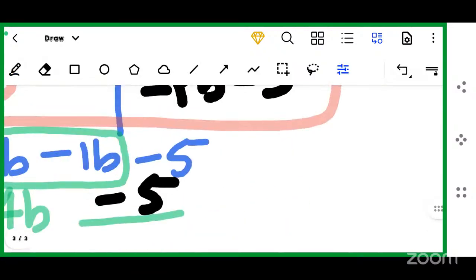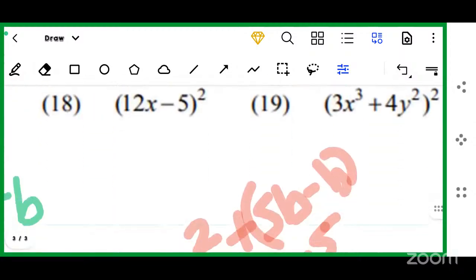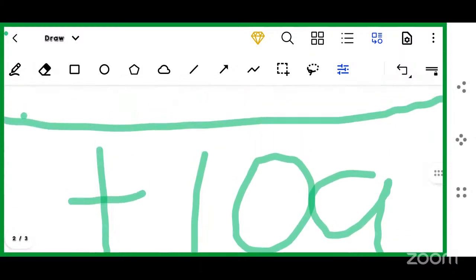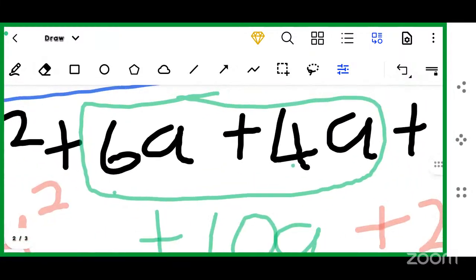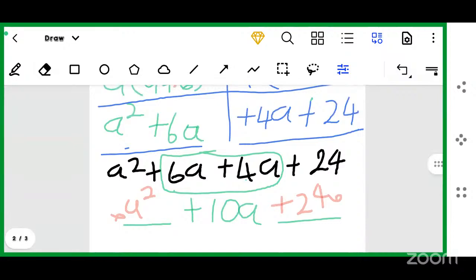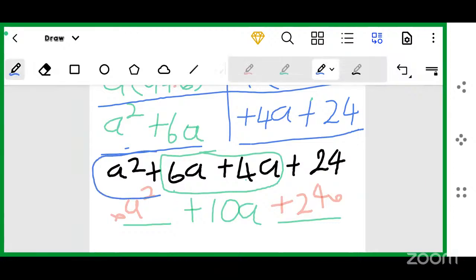Okay, let me see. We have an example here. Oh yeah, there we are. So now you see how we did it. You see this part, you see that we already have a squared.